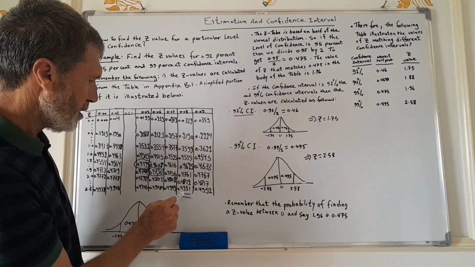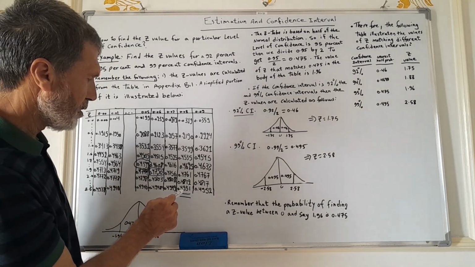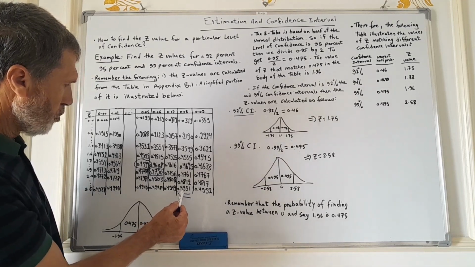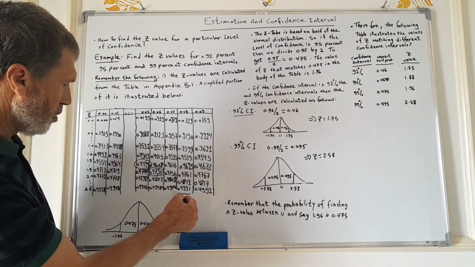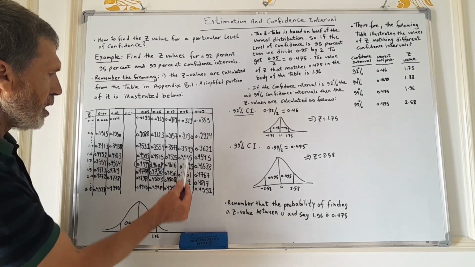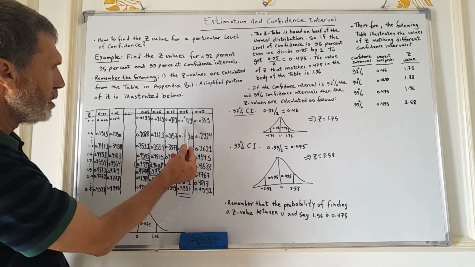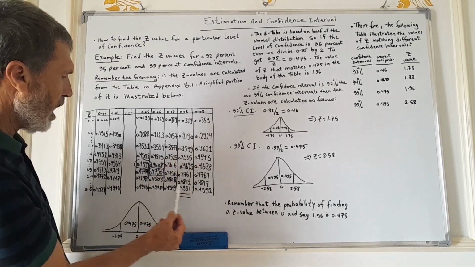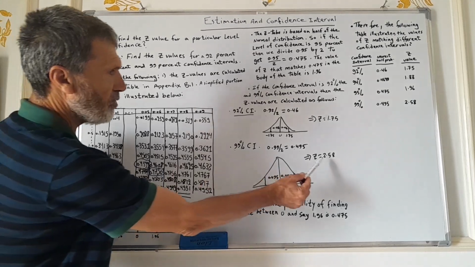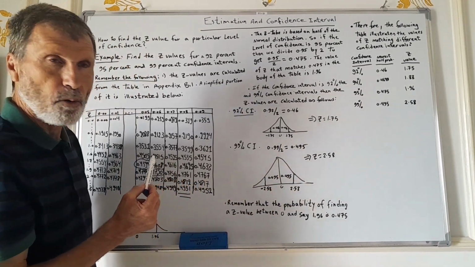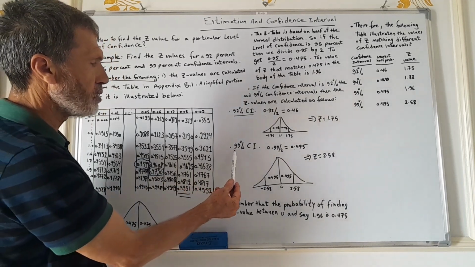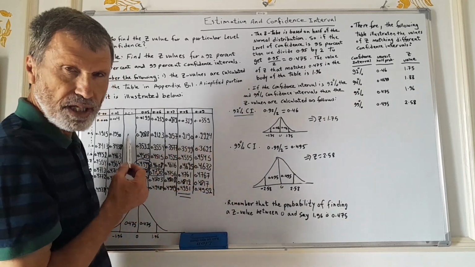To find the value of z, you move to the left along the row until you get 2.5, and then move up in this column, you find 0.08. So the value of z is 2.58. This is the value of z that corresponds to the 99% confidence interval.